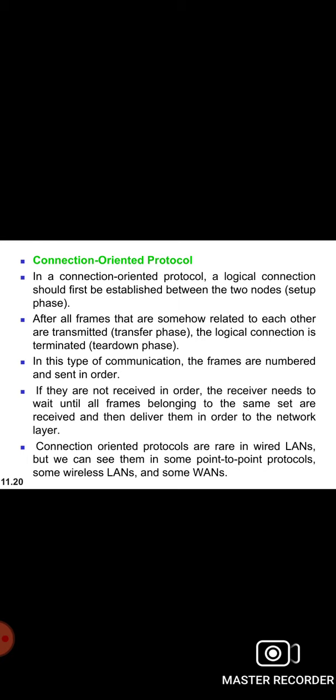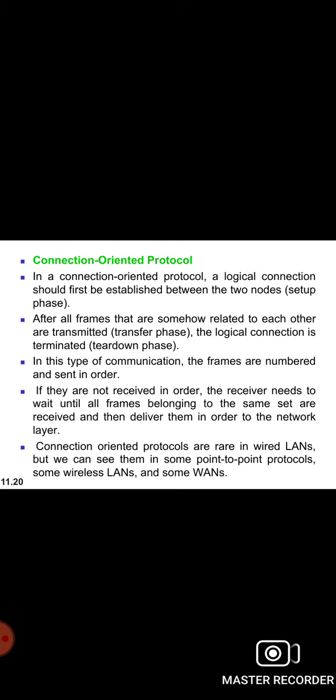Whereas in a connection oriented protocol, a logical connection should first be established between the two nodes. After all frames that are somehow related to each other are transmitted, the logical connection is terminated. The frames are numbered and sent in order. If they are not received in order, the receiver needs to wait until all frames belonging to the same set are received and then deliver them in order to the network layer.